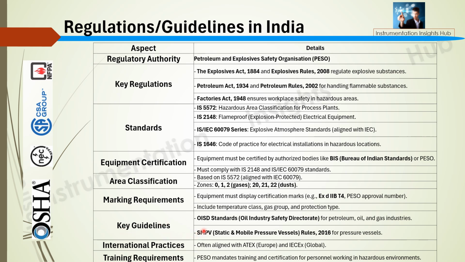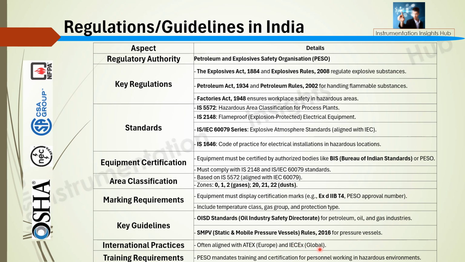Key guidelines which we follow are the OISD standards, Oil Industry Safety Directorate, for petroleum and oil and gas industries, and the Static and Mobile Pressure Vessel Rules 2016, which are particularly related to pressure vessels. International practice is often aligned with ATEX. This is the main point: if your equipment is not authorized or does not have PESO approval, we can also use ATEX certified equipment in India.